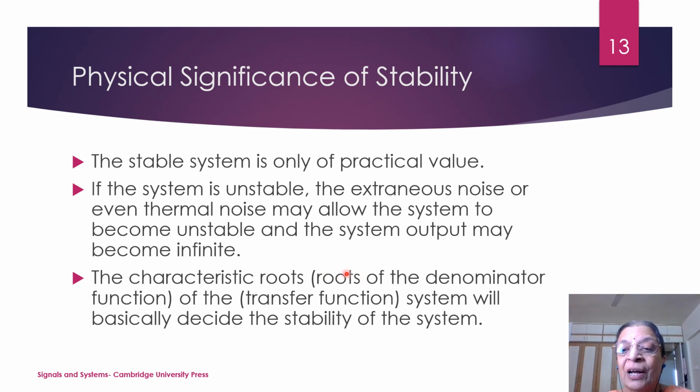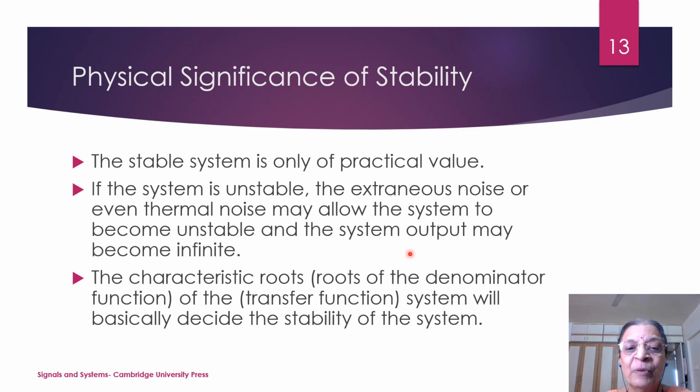If these roots are on the left hand side of the imaginary axis in the S domain, we say that the system is stable. And if the roots of the characteristic equation are within the unit circle in the Z domain, we say that the system is stable. We'll come to the Z domain, that is Z transform, in the further lectures.